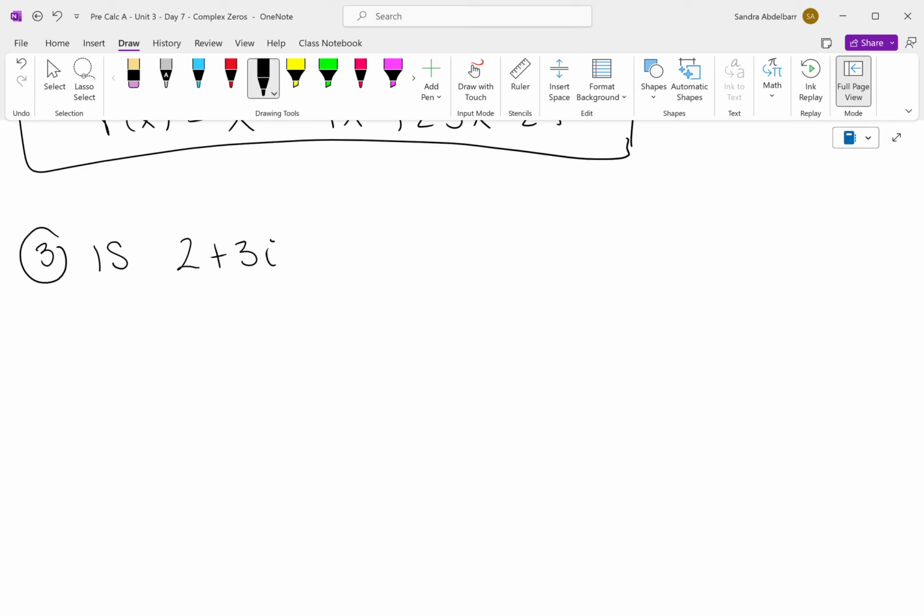Is 2 plus 3i a 0 of x cubed minus 2x squared plus x plus 6? What do you think the best way to do this problem is? I'm asking you, is 2 plus 3i a 0?